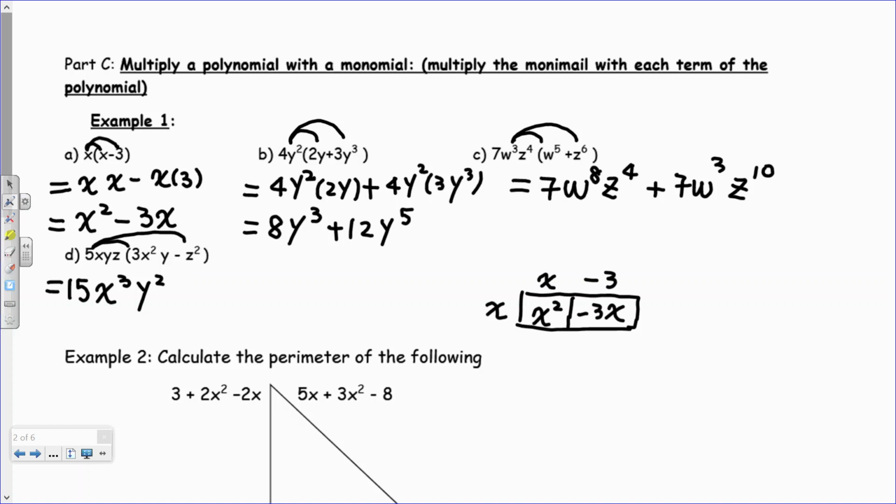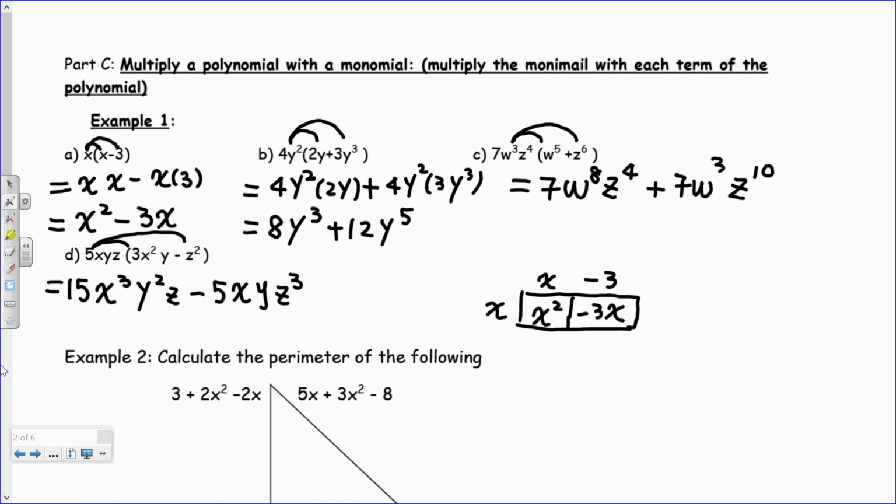Z, for the first term there is no Z, so nothing to add to the degrees of Z. Then do the second one: 5 times -1 gives you -5. No X, nothing to add to X. No Y, nothing to add to the degrees of Y. Then the Z, you have Z to exponent 1 and Z to exponent 2, 1 plus 2 gives you 3. Then it's done.